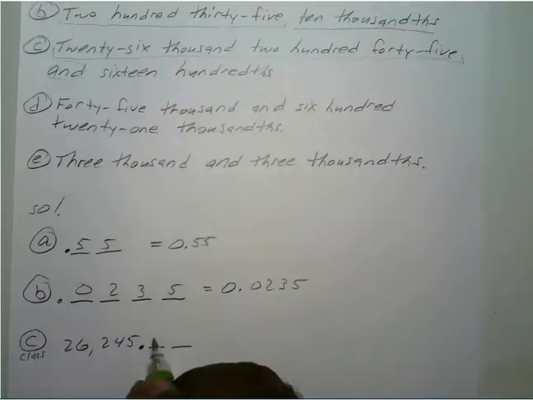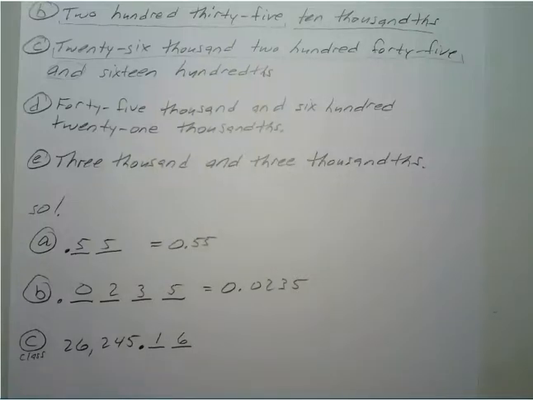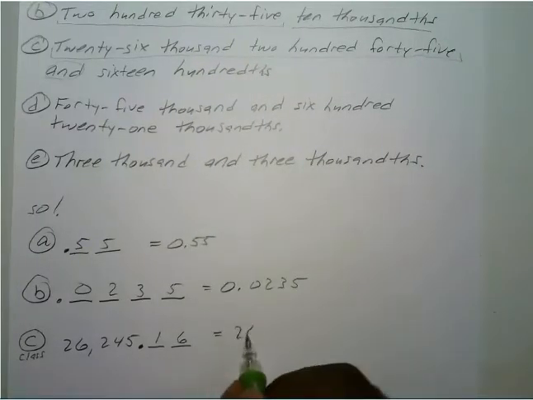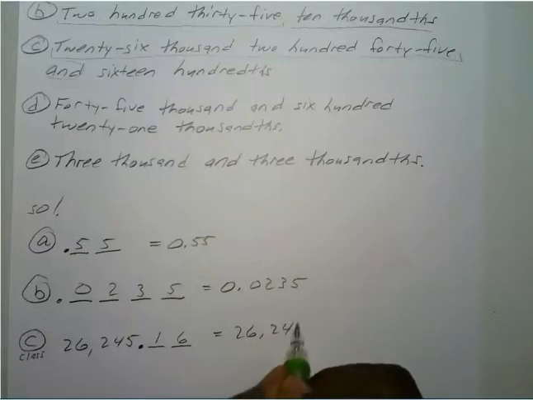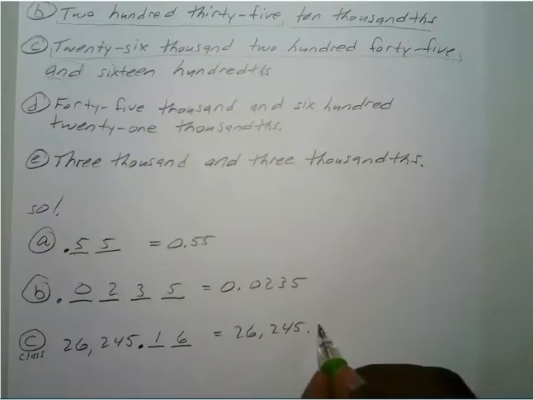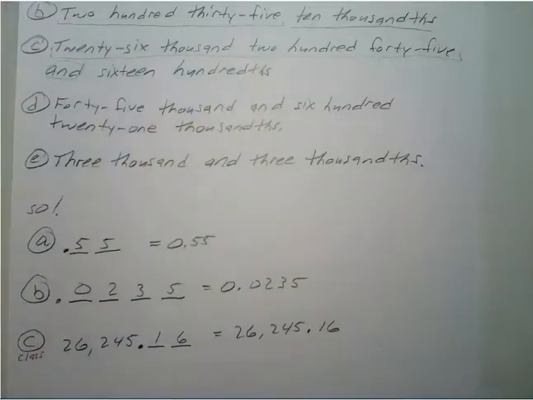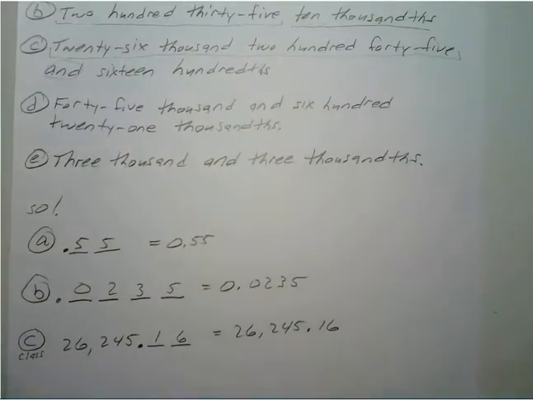So we go ahead and fill in our 16 as far to the right as possible, which takes up both of those spaces. So we get 26,245 and 16 hundredths. All right, so that's how that is. You're basically writing the numbers down in the order that it's written.